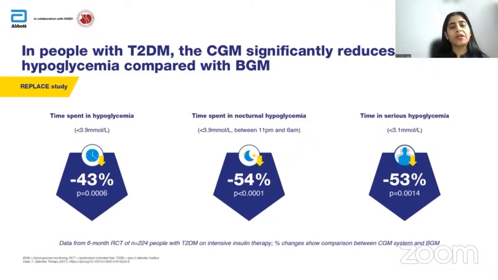So you can see a 43% reduced time spent in hypoglycemia, a 54% reduced time spent in nocturnal hypoglycemia, and a 53% reduction in time in serious hypoglycemia in these patients on intensive insulin therapy. These are patients with type 2 diabetes. So again, CGM clearly showing not only good glucose control, but marked reduction in hypoglycemia, both in type 1 as well as type 2 patients.